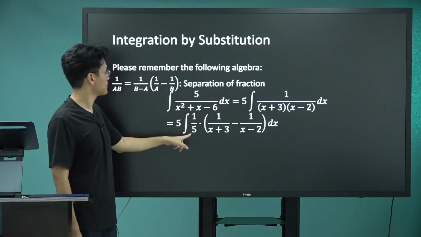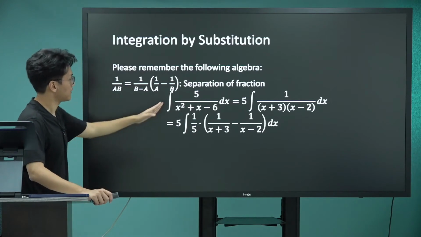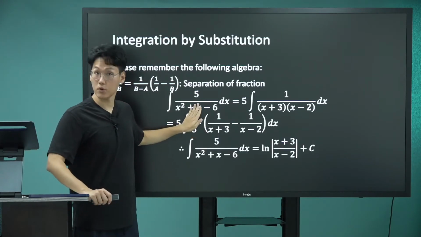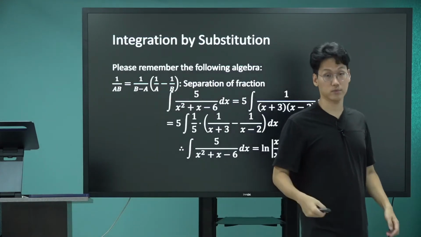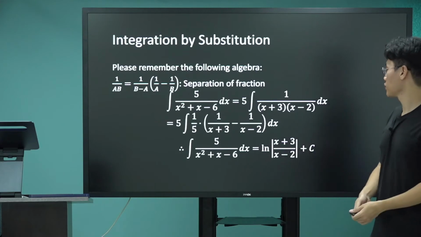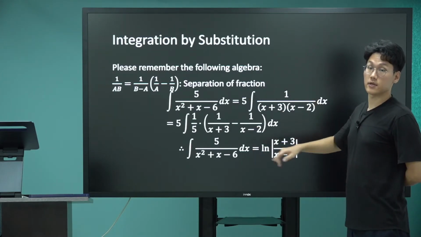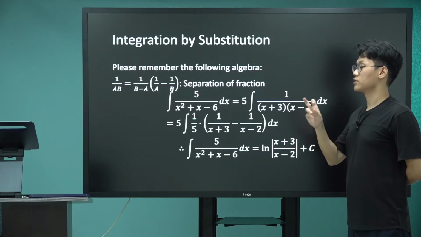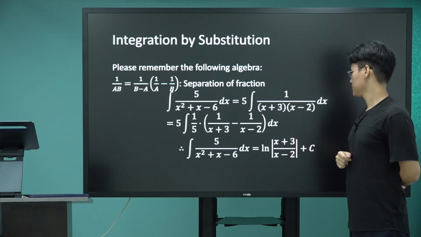So 1 over 5 comes up, and then the difference of 1 over A and 1 over B. Voila. 5 cancels out, and now I am only left with the integral of a rational function, which you know becomes a logarithmic function. So hence, it's going to be ln of x plus 3 minus ln of x minus 2, where by the laws of log, the difference becomes the quotient, as you can see.